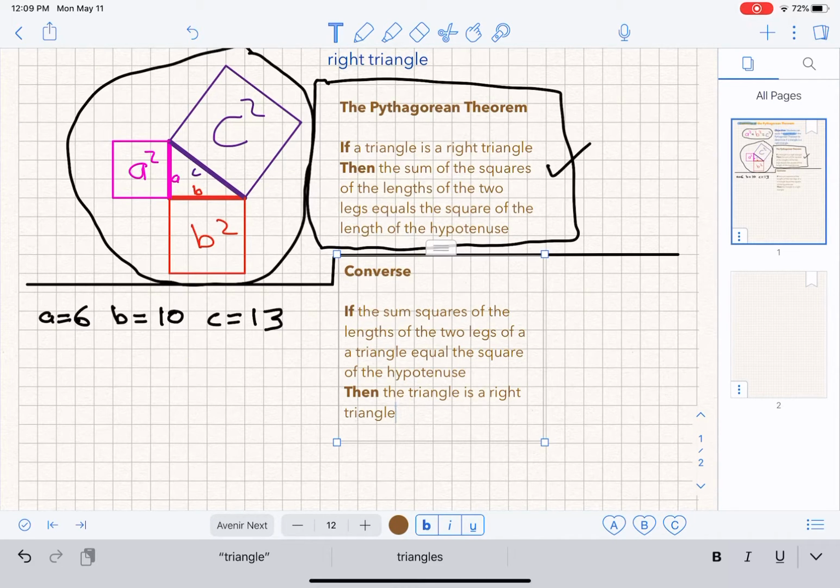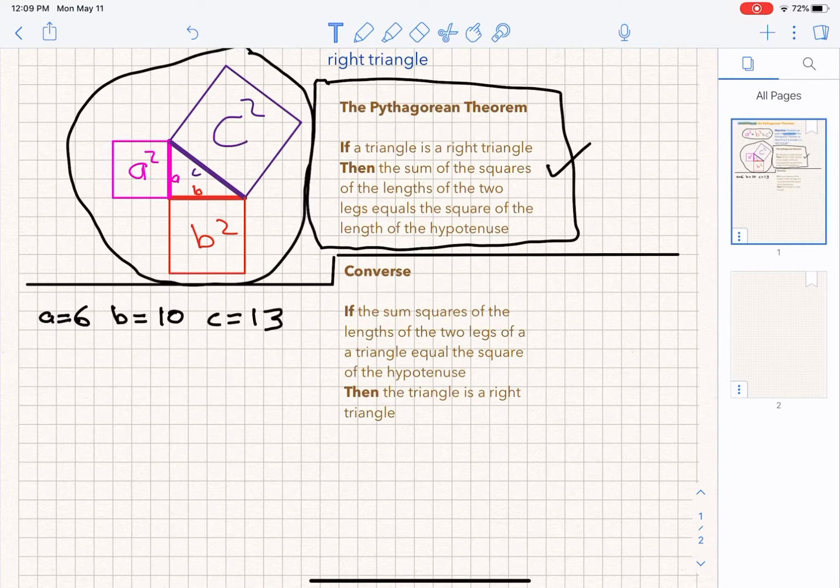So the Pythagorean theorem is one of those interesting mathematical statements that works both ways. The if-then statement, we can turn it around on its head and it still works.